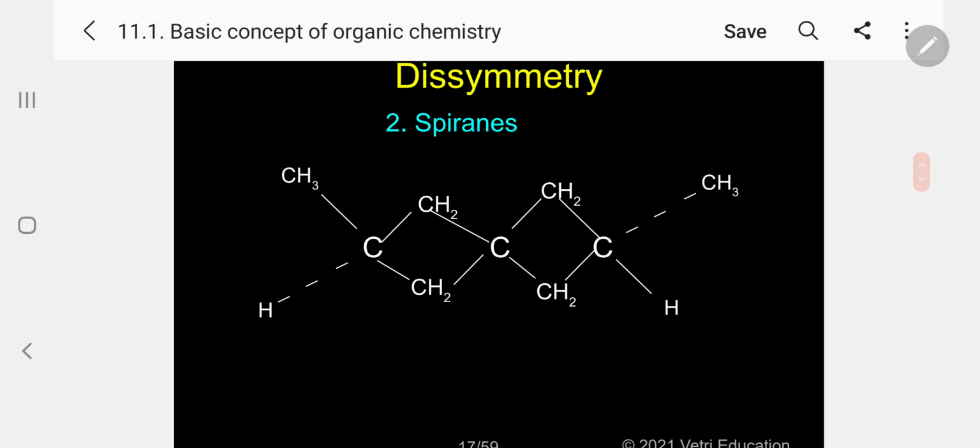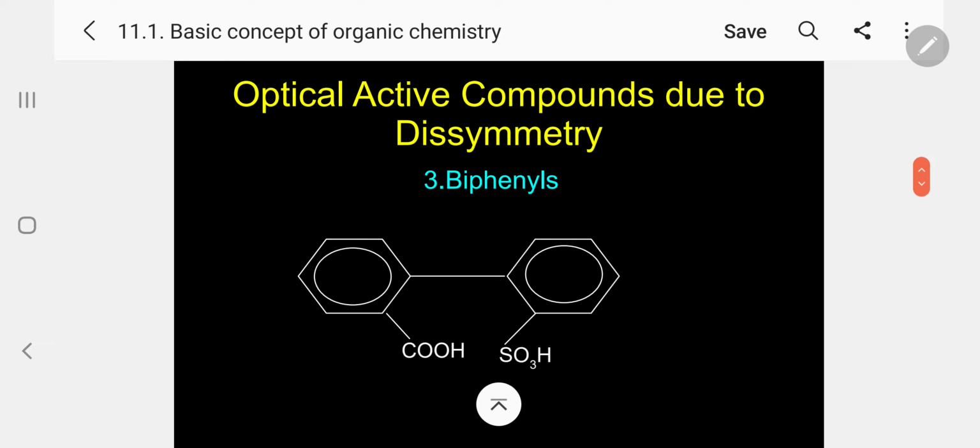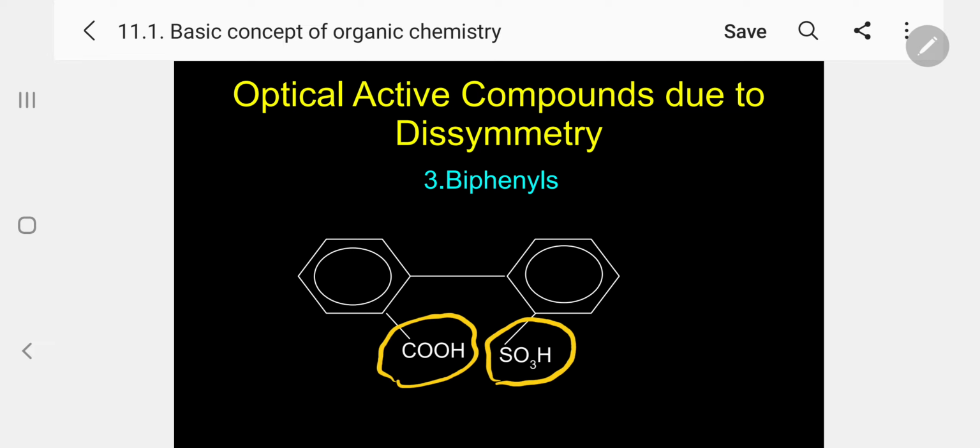In the same way, here, spiranes. In spiranes, instead of a double bond, they have CH2 connected. Then we will come to our compound of interest, biphenyl, based on the questions asked. In the case of biphenyl, with many bulky groups present in the ortho positions, that compound will be optically active.